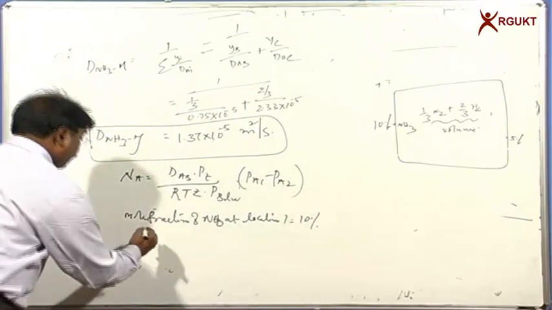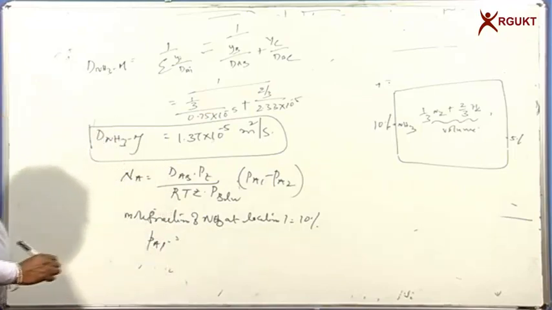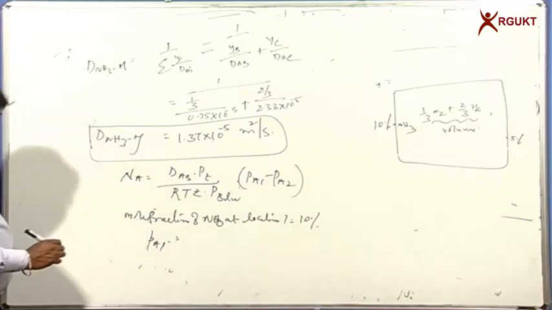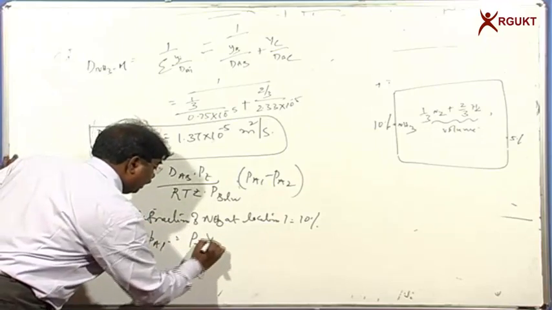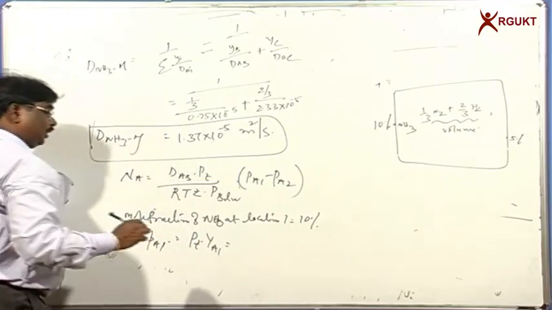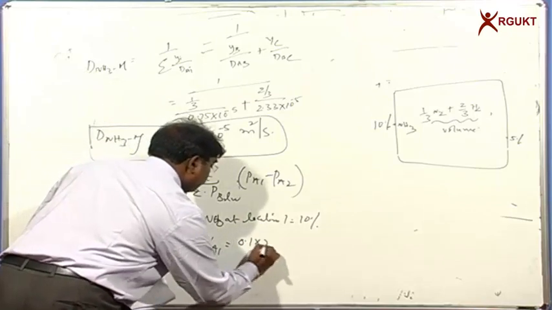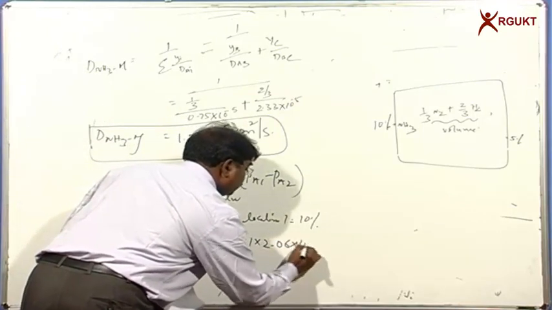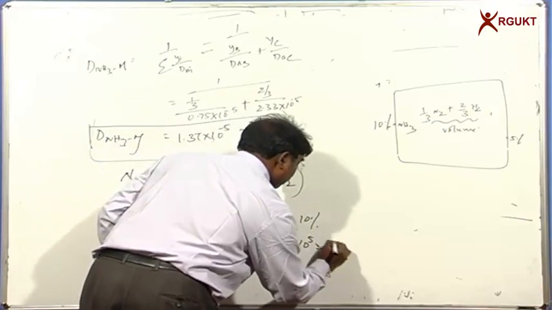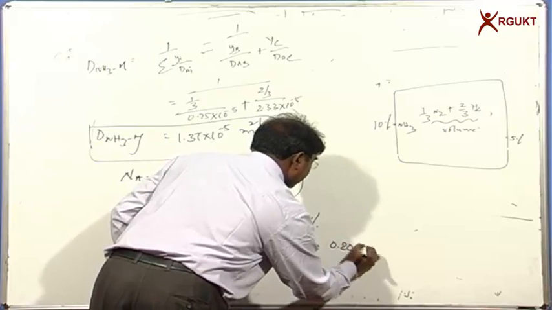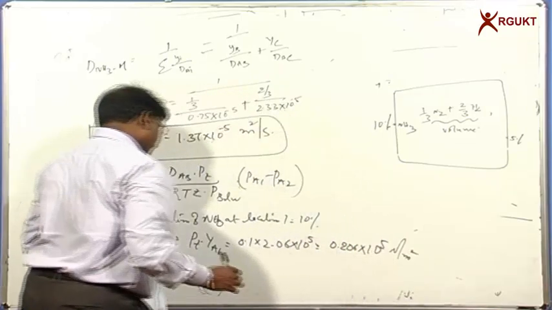So P_A1, according to the combination of ideal gas law and Dalton's law, is equal to P_T into y_A1, that is 0.1 into 2.06 into 10 power 5, that is equal to 0.206 into 10 power 5 Newton per meter square.